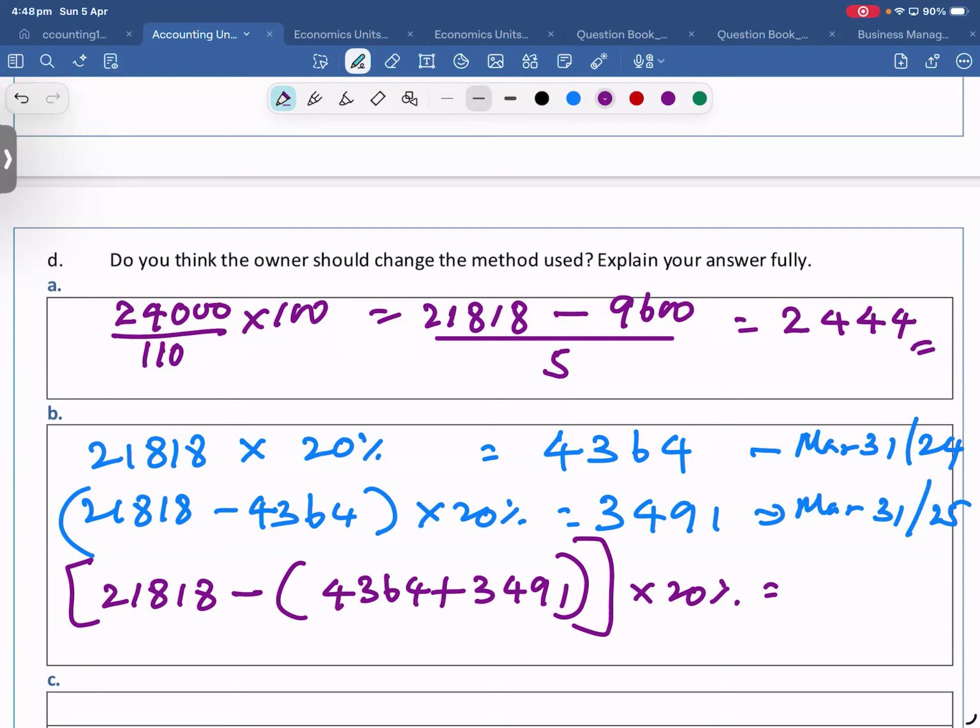It's 2,792 or 93? 93. This is for the March 31st, 26, yes. So this is going to be the depreciation expense.